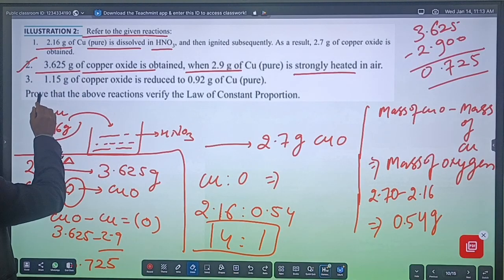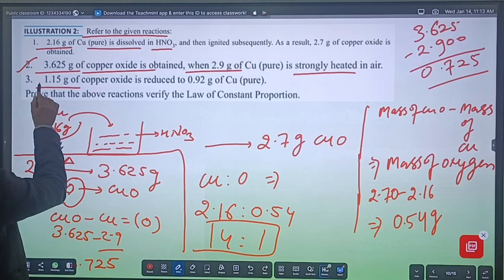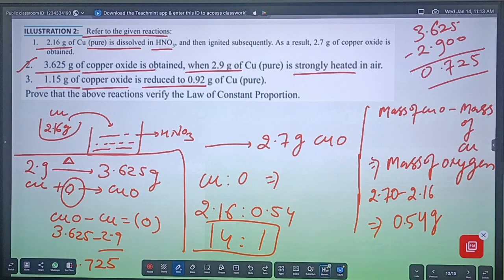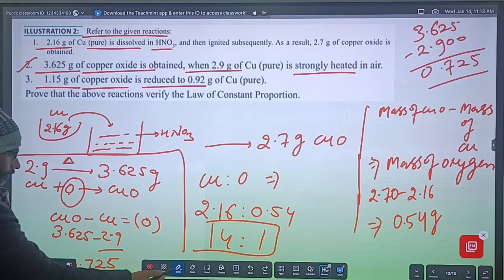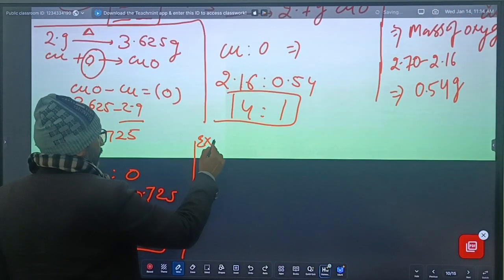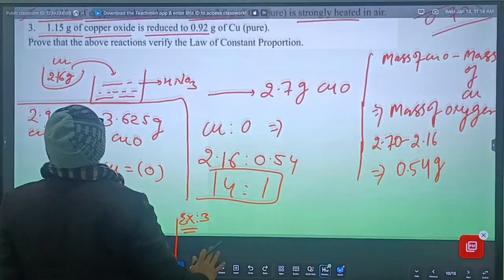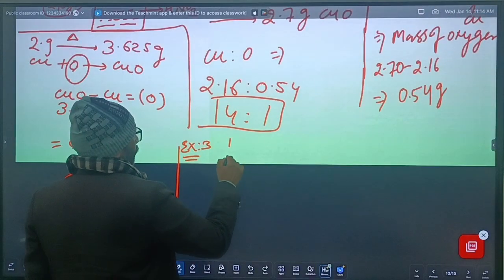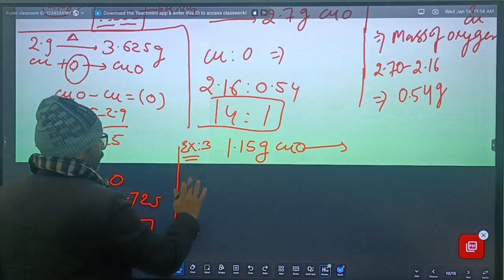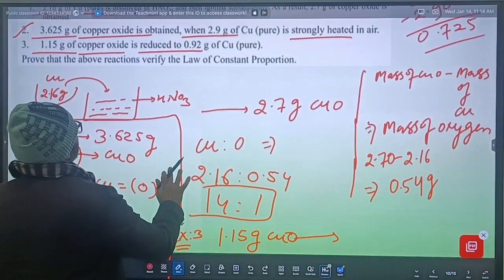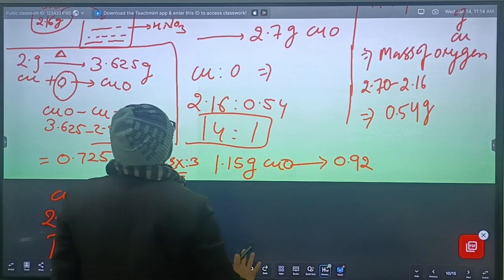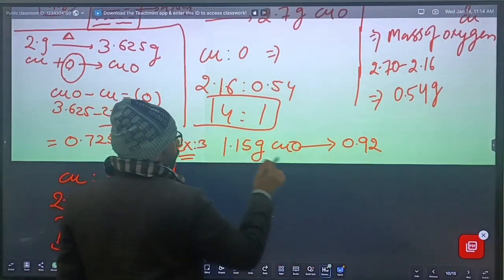For the third experiment, 1.15 gram of the copper oxide is reduced to 0.92 gram copper.